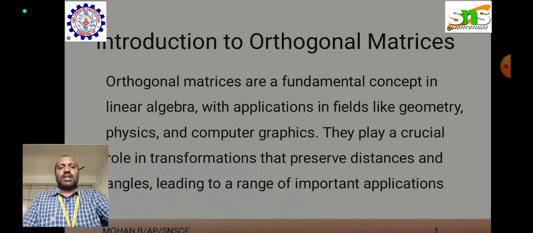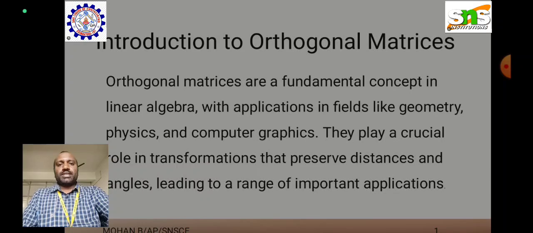Why do we need orthogonal matrices? We know very well that A into A transpose is equal to A transpose into A, which is equal to I, the identity matrix.